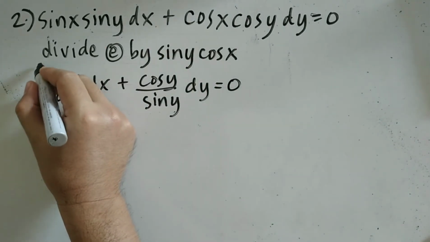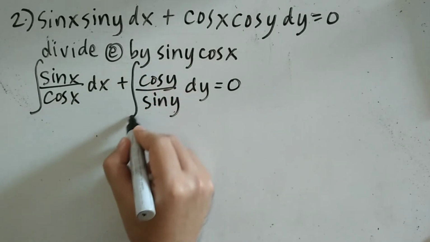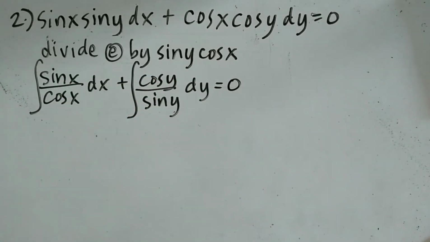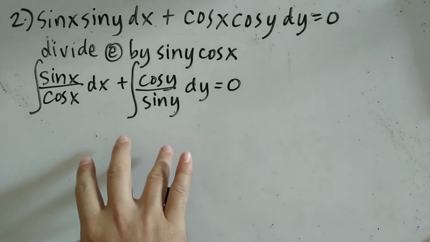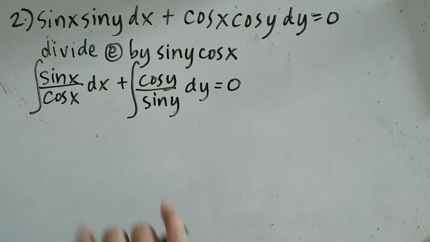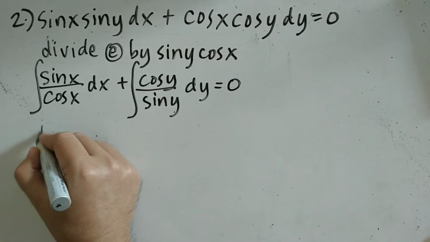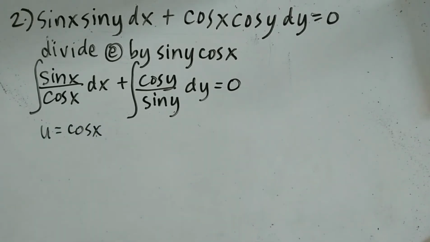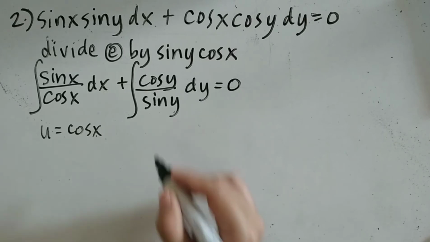The next step is, after we have separated the variables, we have here all x's and here all y's, so we can proceed with our integration. If you remember, we can apply here the log rule for integration. Our u here is equal to cosine x, and here we will be using the process of substitution so that you will be more familiar.